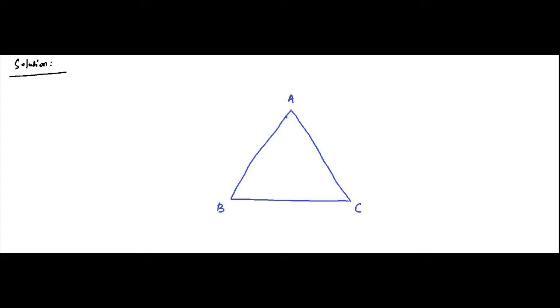Then we have charges: B, which is plus 100 coulomb, C, which is minus 100 coulomb, and let's say this is the midpoint, the midpoint D.